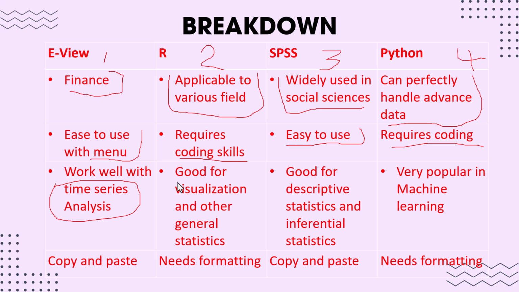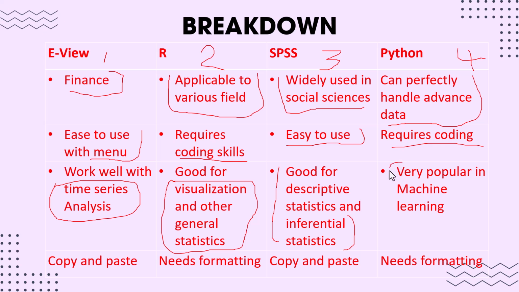And we have R, which is very good in visualizing your data, and it can equally perform other general statistics. We have the SPSS, which is good for your descriptive statistics, and it can perform excellently well in inferential analysis. The Python, on the other hand, is very popular in machine learning.